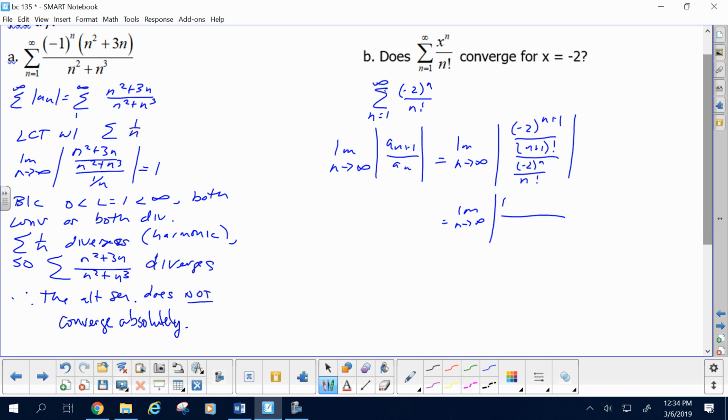Wouldn't you agree that -2 to the n plus 1 is -2 to the n times -2 to the 1, over n plus 1 times n factorial, times the denominator reciprocal. What does the limit approach? 0. And so it is less than 1 and it does converge.